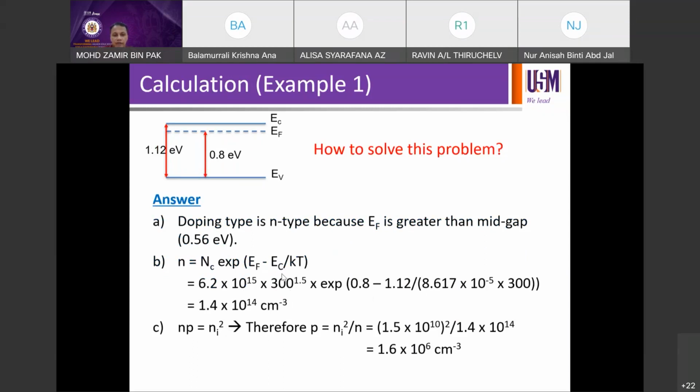What is EF now? EF is about 0.8 with reference to EV, remember? And your EC with reference to EV is 1.12. Your KT is known because K is a constant and T is given. So then you're going to get 1.4 times 10 to the 14 per centimeter cube.